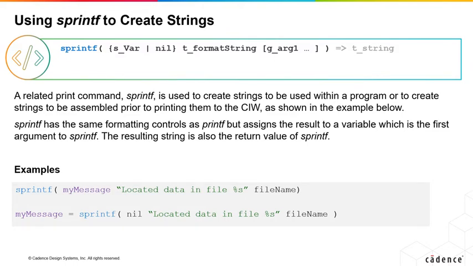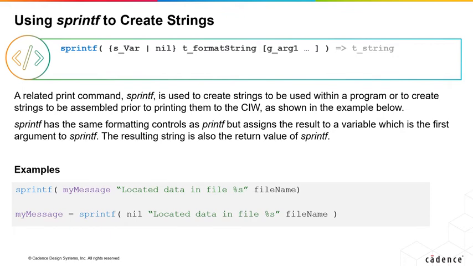Here are some examples. In the first one, we're going to supply a variable as the first argument. That variable is called myMessage. So we say sprintf, myMessage, then the format control string with the %s in, and then the file name gets substituted for %s.